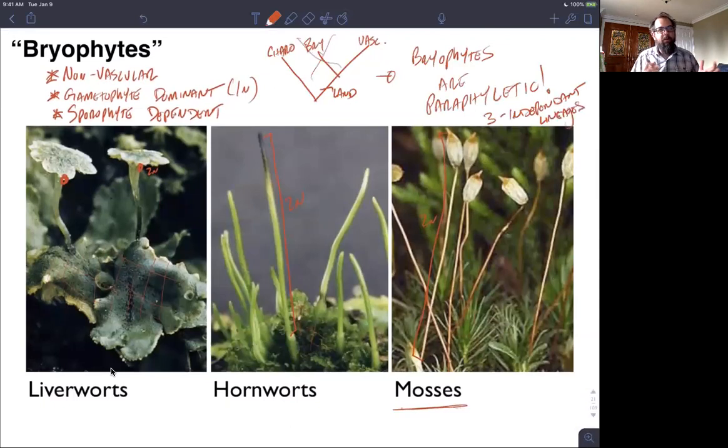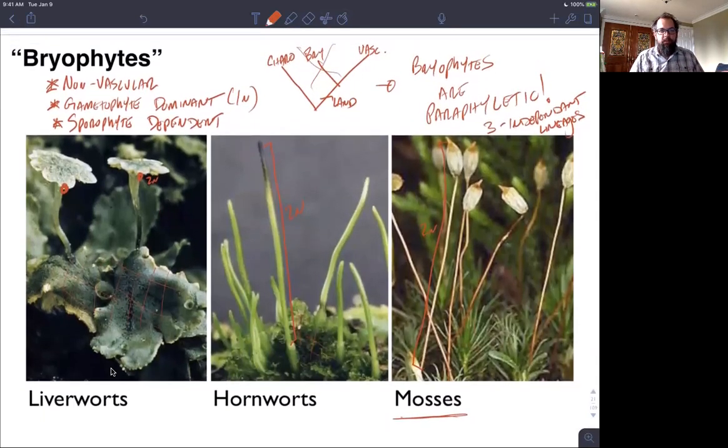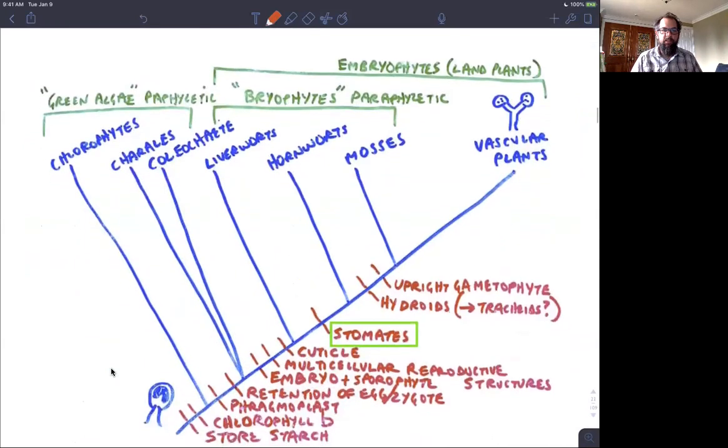And as you might imagine, just like with the green algae, when we saw that charophytes and chlorophytes were actually not monophyletic, it changes the interpretation of some major characteristics and major morphological traits that we thought were due to a common ancestor of this monophyletic group. It turns out that's not the case. So bryophytes, gametophyte dominant, sporophyte dependent, are not monophyletic, they're paraphyletic, and they represent these three separate lineages.